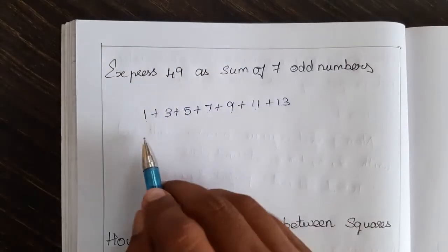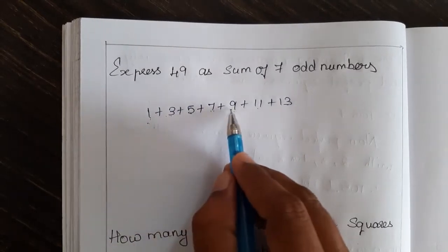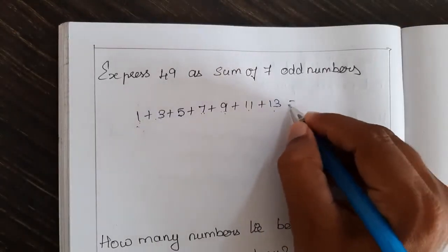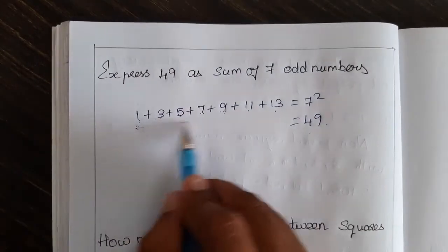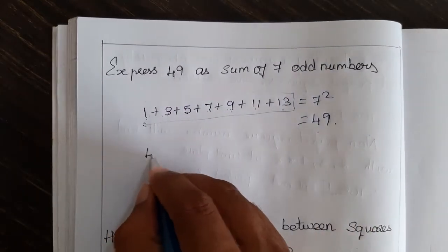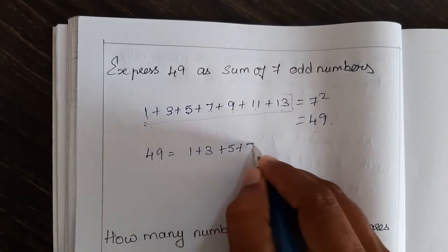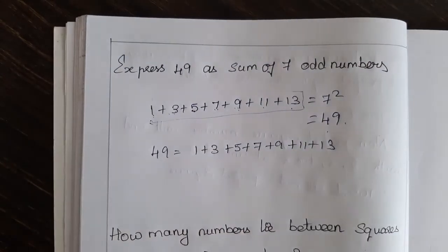Totally 7 numbers are there: 1 2 3 4 5 6 7. So it is 7 square, which is equal to 49. So 49 can be expressed as the sum of odd numbers 1 plus 3 plus 5 plus 7 plus 9 plus 11 plus 13.